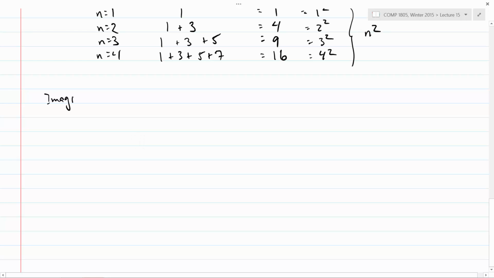So imagine a long line of people. And let's say the people are numbered 1, 2, 3, and so on. So there's this really long line of people. I don't know how long.